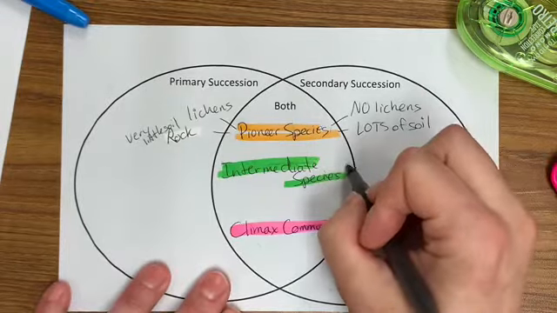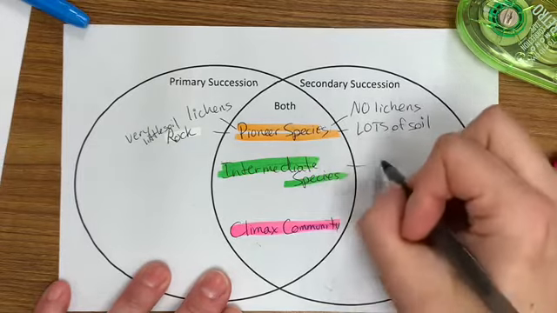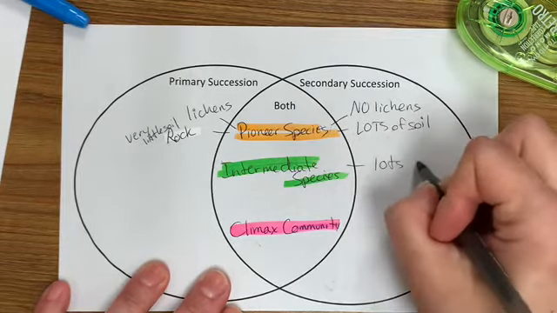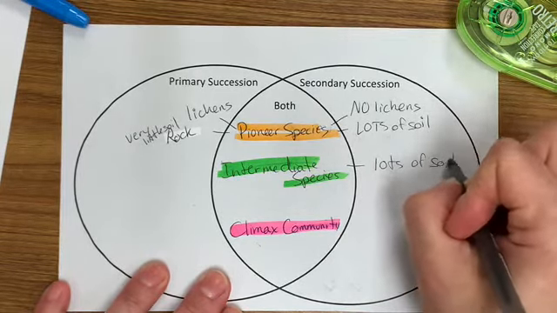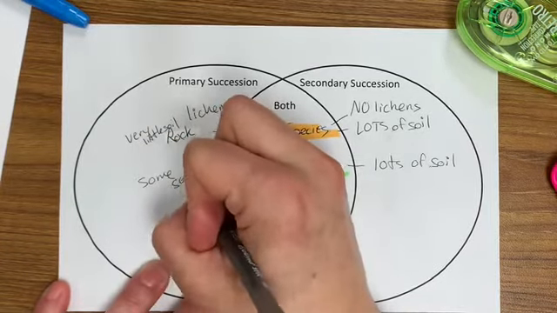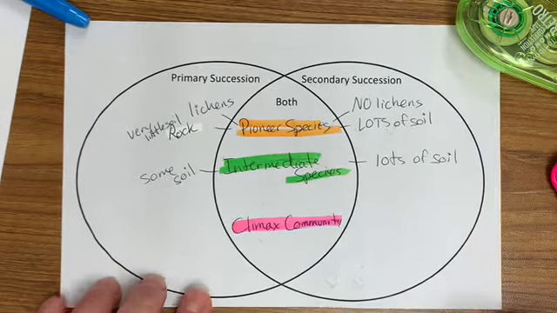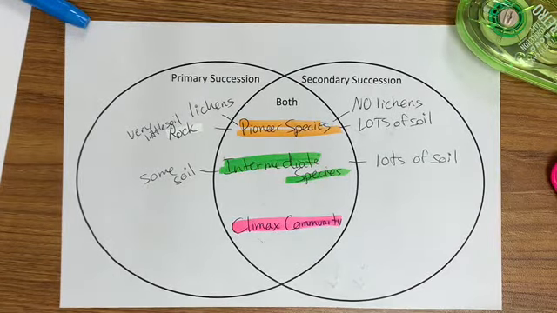With the intermediate species, pretty much everything's the same except the soil. This has lots of soil, and this is some soil. That soil is getting deeper and deeper as we go. With climax community, they're pretty much the same. There's really not any difference between primary succession and secondary succession in the climax community.